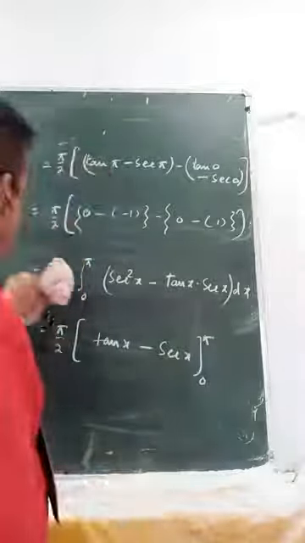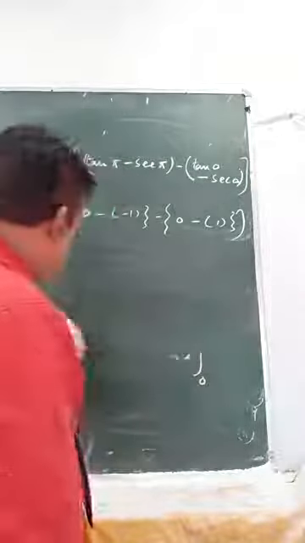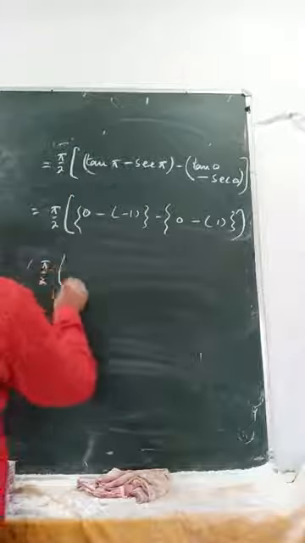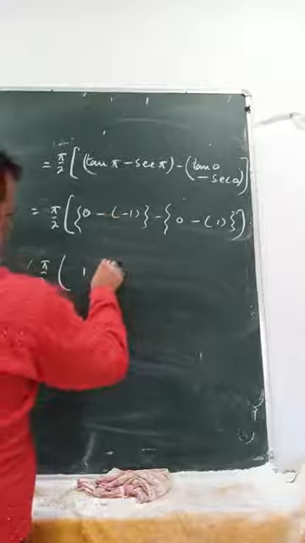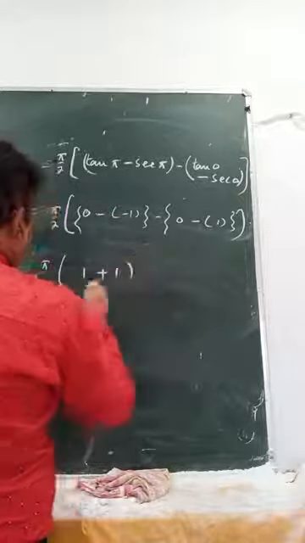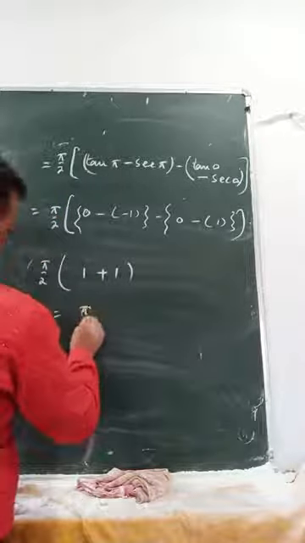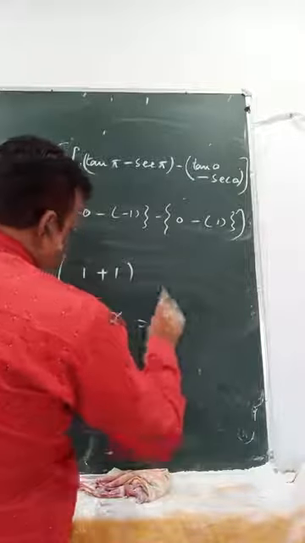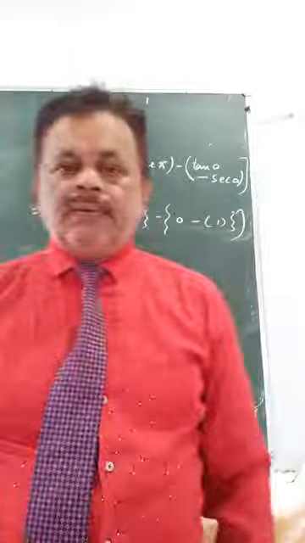So that is pi by 2 times minus minus plus 1, minus minus plus 1. That means pi by 2 into 2, that is pi. Okay. Let's take one more question like that.